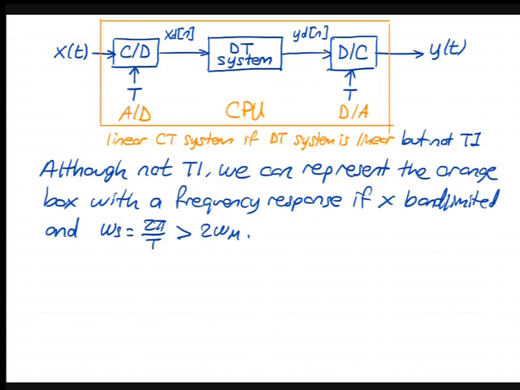Are you ready? All right. So let's see how we can pretend, or treat the orange box in the middle as a frequency response when we know that x is band limited. Right? So this is how you would implement it, but I'm going to write a mathematical representation of the whole thing that's going on here, right?